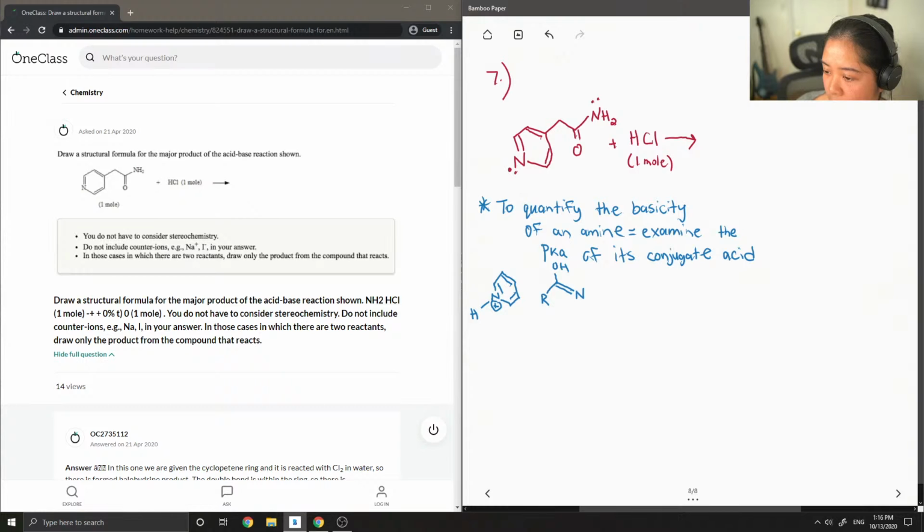So another way you can call the pKa of a conjugate acid is to just call it the pKaH. Basically, the trend for this is that the higher the pKaH, the stronger the base.